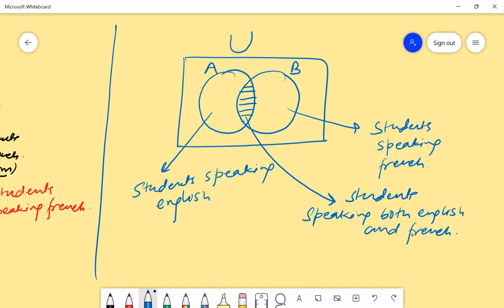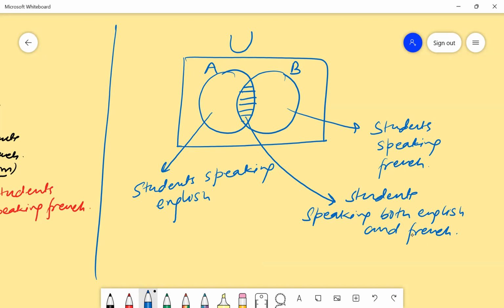Now you must concentrate on this phenomenon, like the use of a particular word is very important in these kind of situations. You cannot mismatch the words. Like if you say number of students speaking English is represented by set A, then it doesn't mean they speak only English. This is true, they speak English, but it is not true that they speak only English.